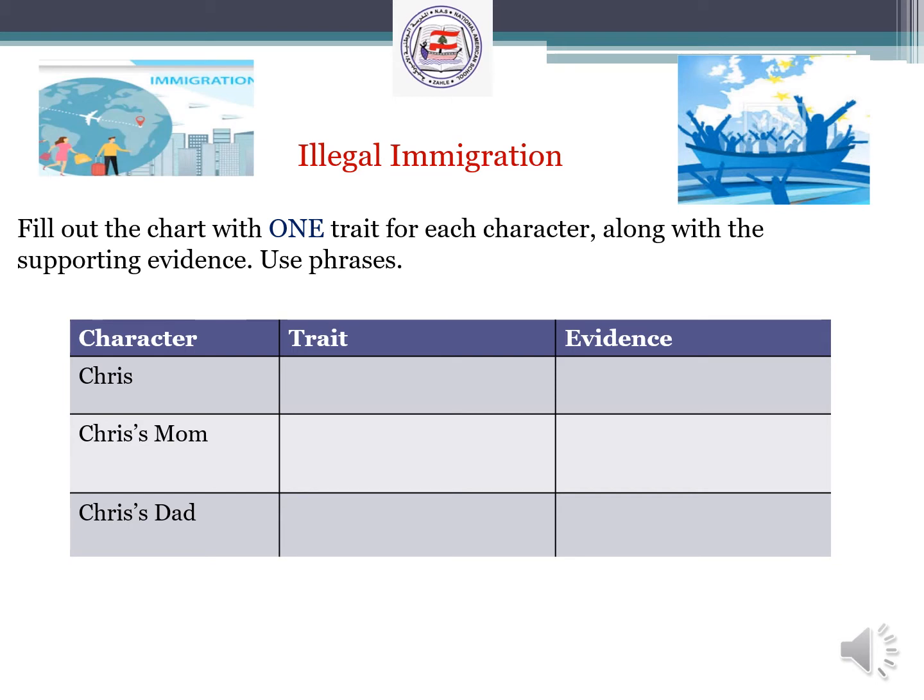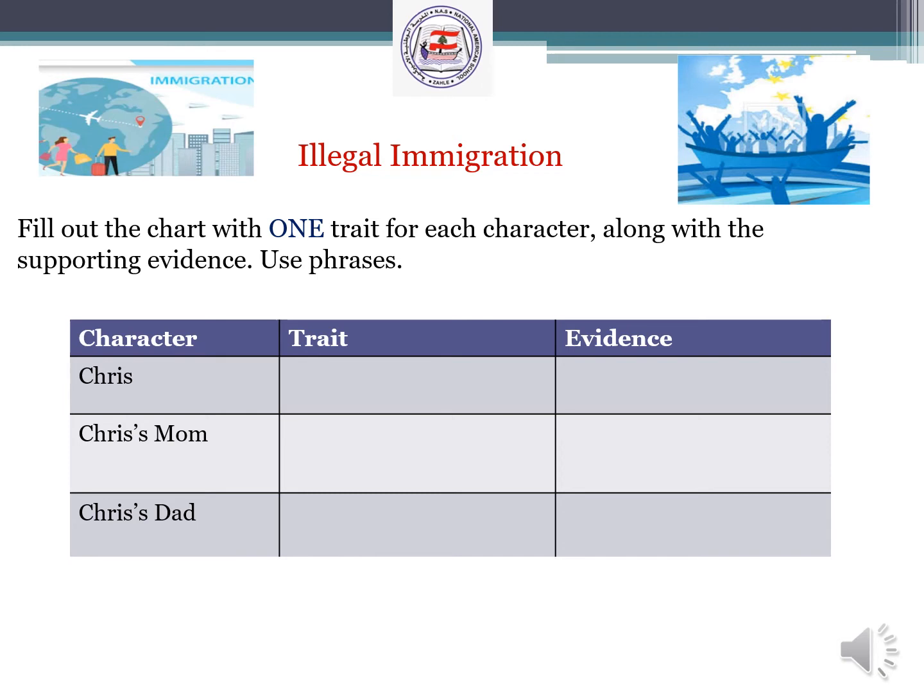Fill out the chart below with one trait for each character, along with the supporting evidence. As explained earlier, characterization is the process by which a writer reveals the personality of a character, which is usually revealed in two ways: direct characterization and indirect characterization.